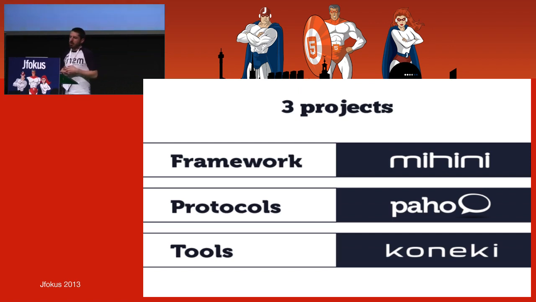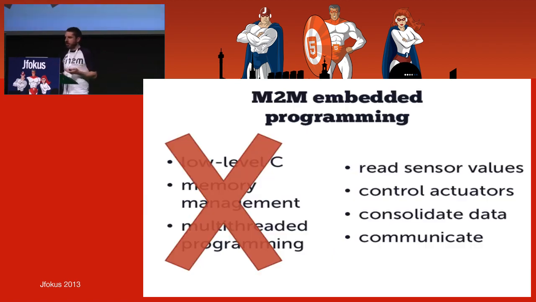You have to do memory management, manipulate strings, and make weird mistakes with everything related to memory. If you want to do multi-threading, it's going to be quite complex. When actually all you want to do is read values out of sensors, maybe control some actuators, and in general, consolidate the data you acquire and communicate back and forth with the server.